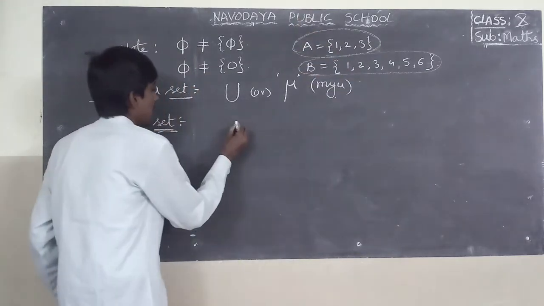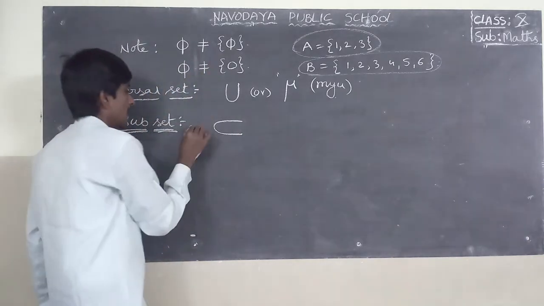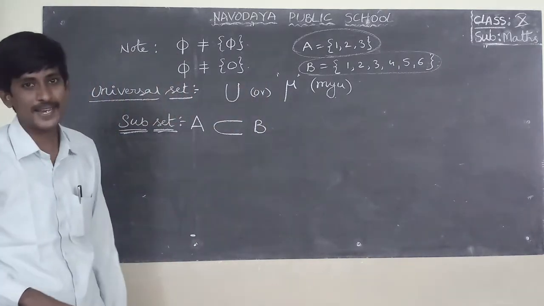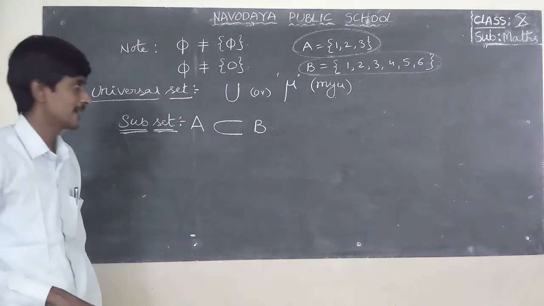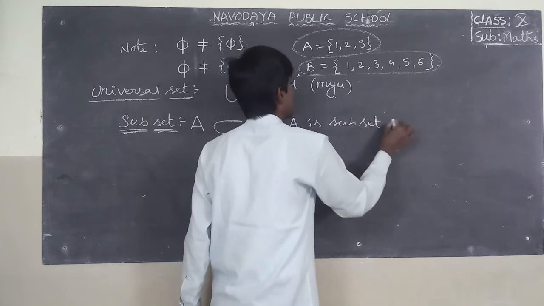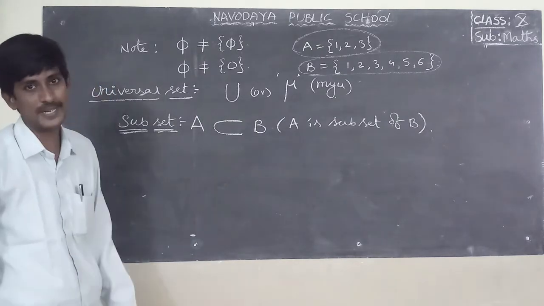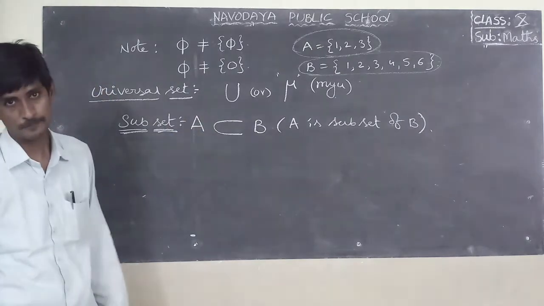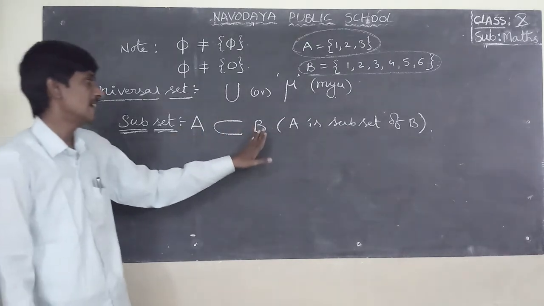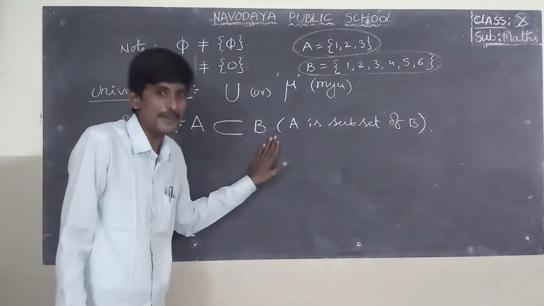It is denoted by this symbol. A is subset of B, simply read as A subset B. A subset B means every element of A is an element of B. So the first one is the smaller set, the second one is the bigger set.